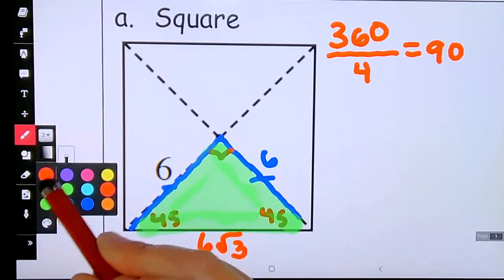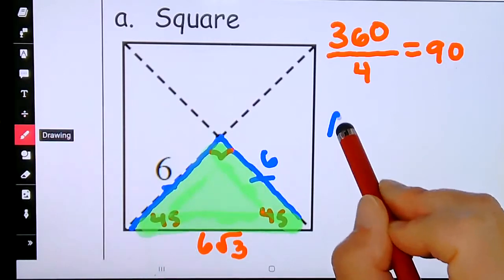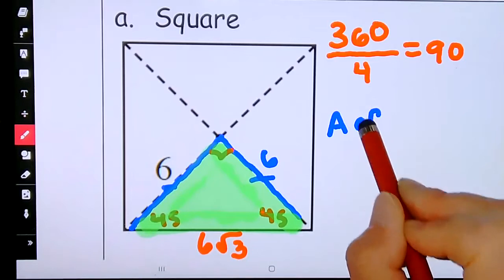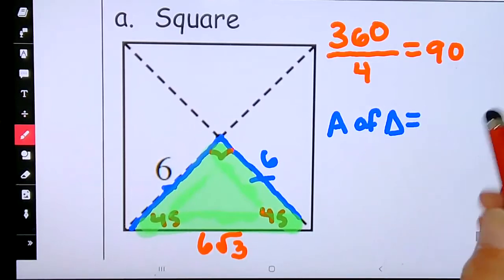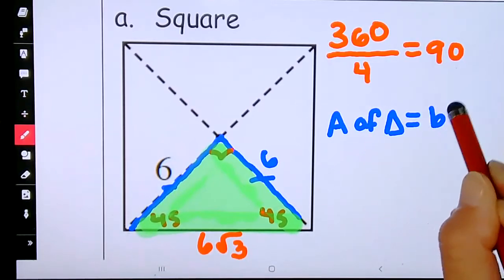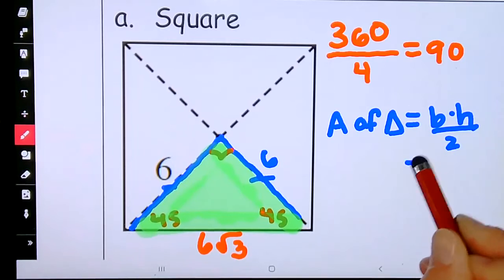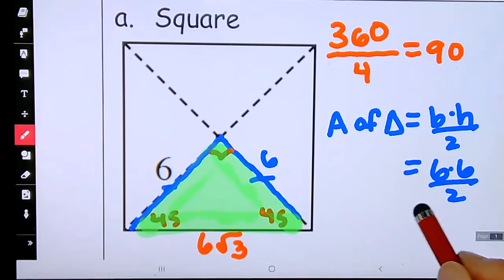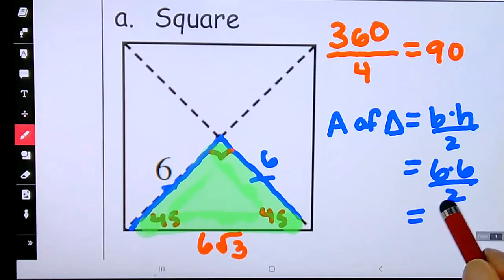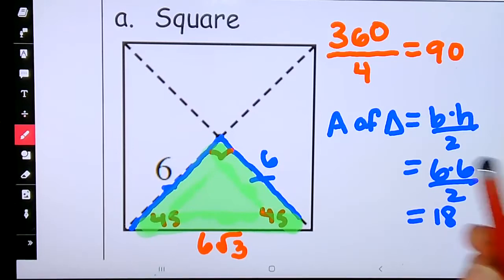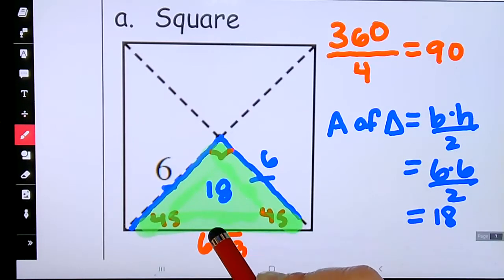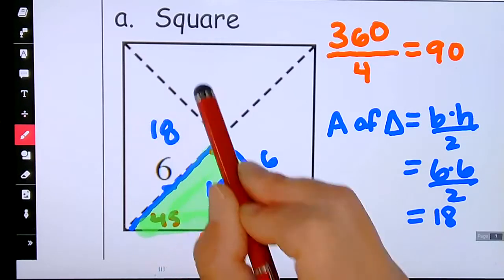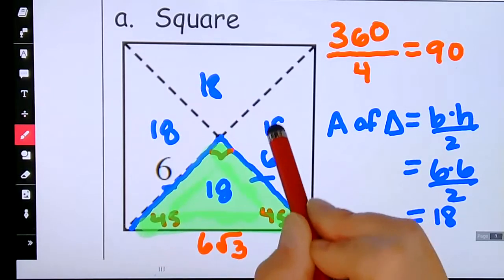So area of triangle equals base times height divided by 2. That is going to be 6 times 6 divided by 2, which is 36 divided by 2, which is 18. So now I know that each of these is 18, 18, 18, 18.